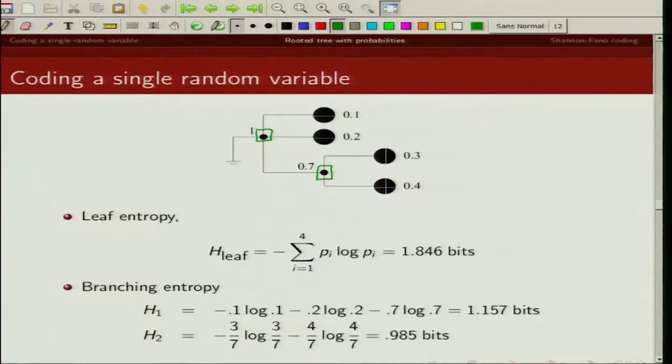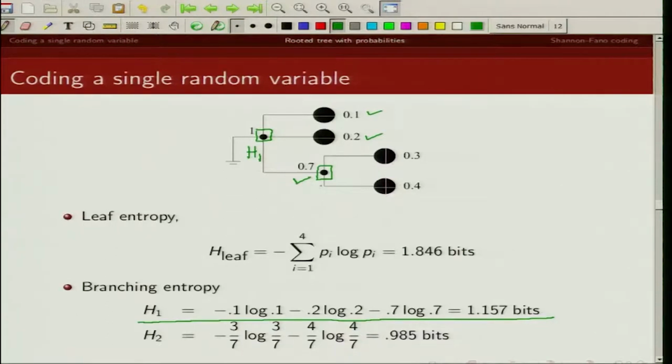If we compute the branching entropy of this particular node, which I am denoting as h1, then the probabilities of selecting each of these branches are 0.1 by 1, 0.2 by 1, and 0.7 by 1. So the branching entropy for this node is given by this expression.